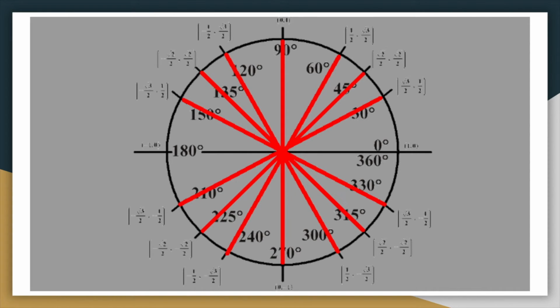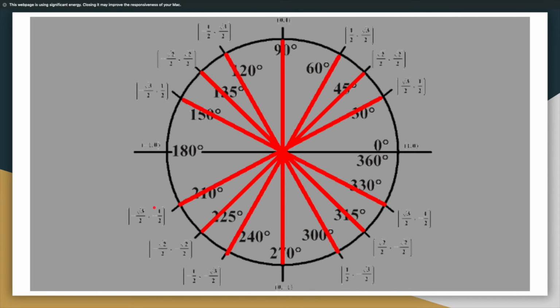Like the tangent pattern, if we use the sine value at 30 degrees, which is 1/2, and then go 180 degrees further, we end up at 210 degrees. The sine value of 210 degrees is negative 1/2, the negative of its counterpart, 180 degrees back. Remember, this is 1/2, and this is negative 1/2.